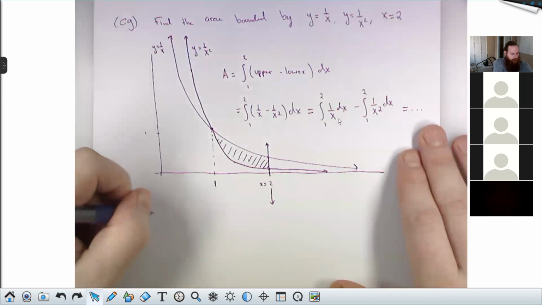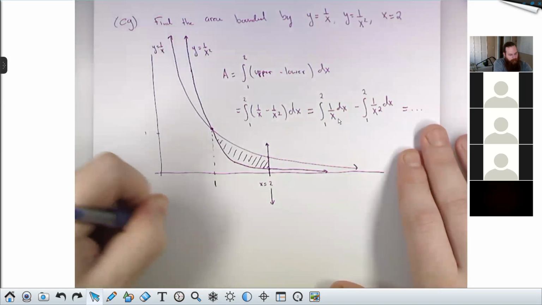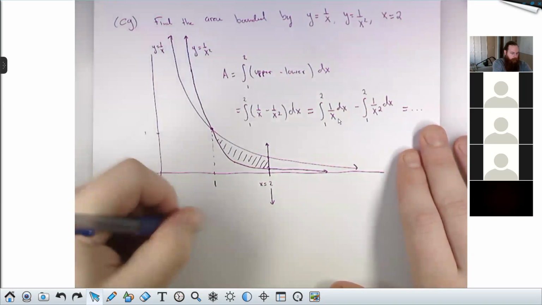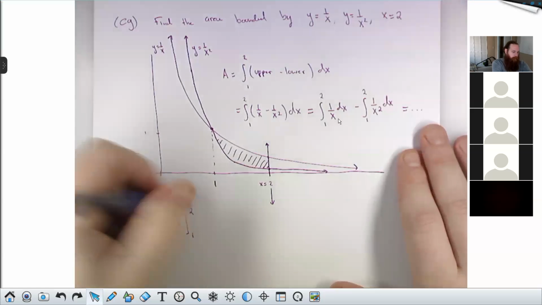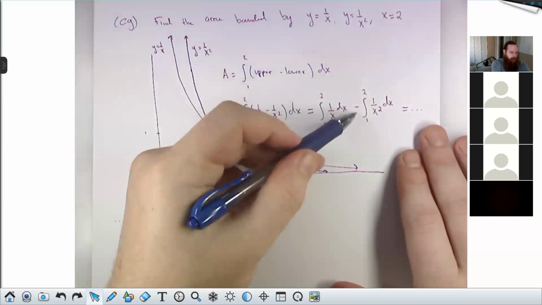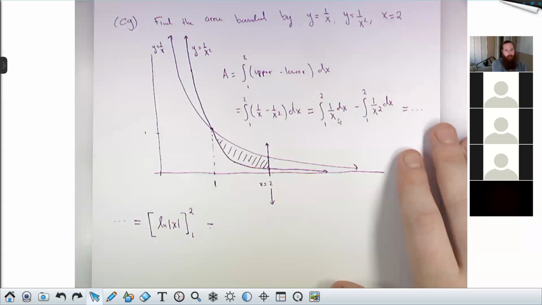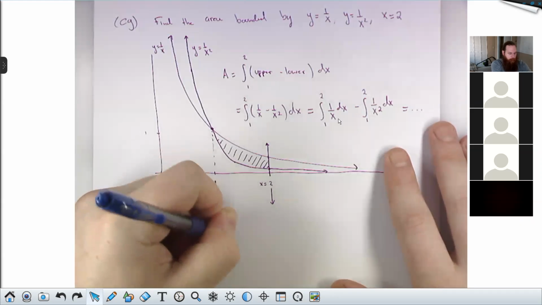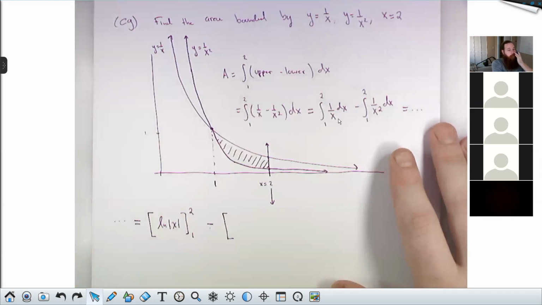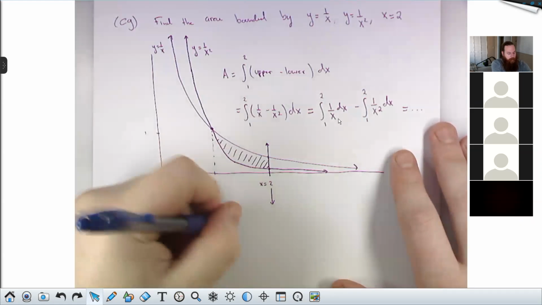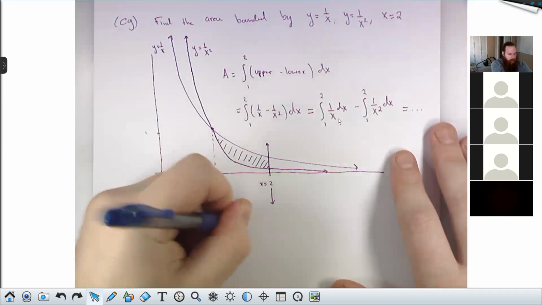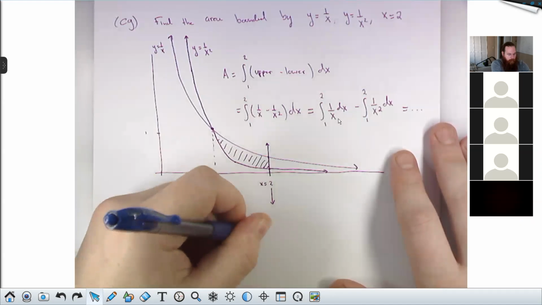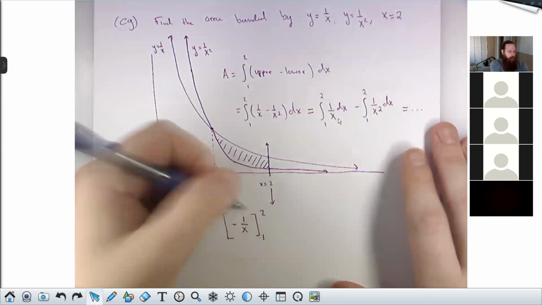So that first piece has antiderivative ln abs x, and we evaluate from 1 to 2. And then this minus is this minus. An antiderivative for 1 over x squared, you think about it as a power rule thing. That's the same as x to the negative 2. So if you add 1 to that power and divide by that power, you get negative x to the negative 1, or negative 1 over x. And you have to evaluate that from 1 to 2 also.